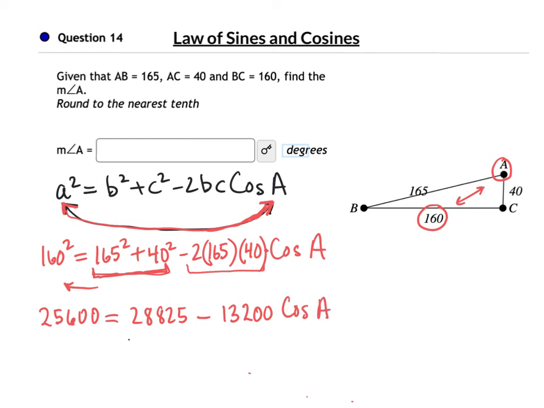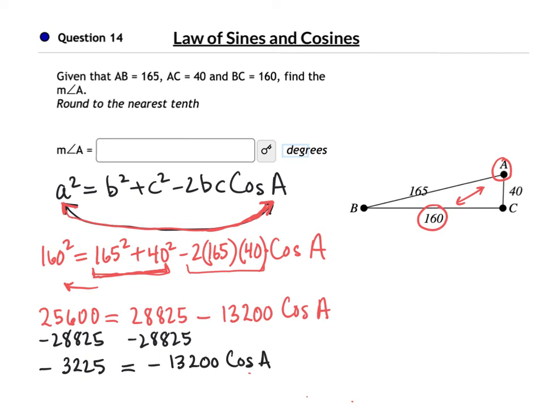Now, we'll subtract this from both sides. Here we're going to get negative 3,225 equals negative 13,200 cosine of A. We need to get the cosine of A by itself, so we can do the inverse cosine. Divide both sides by negative 13,200.